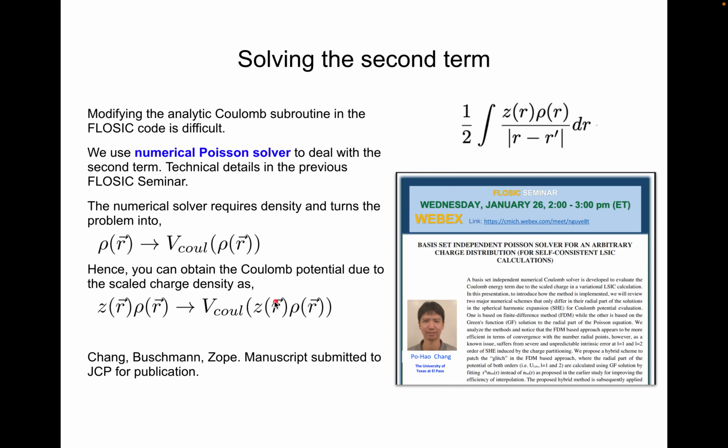So by using the numerical Poisson solver, it simplifies dramatically the process of obtaining this otherwise challenging term. The manuscript on the numerical Poisson solver was submitted to the Journal of Chemical Physics for publication at this stage.